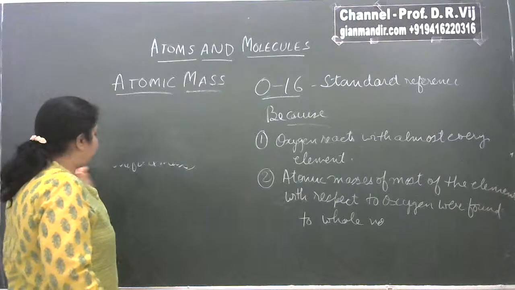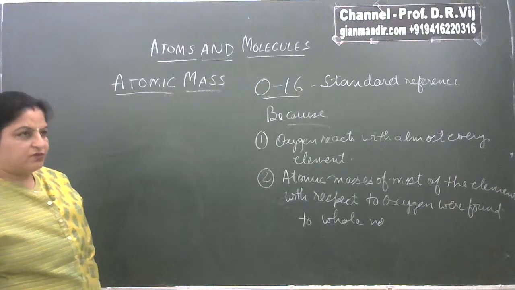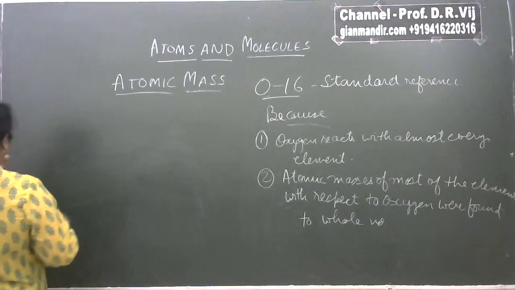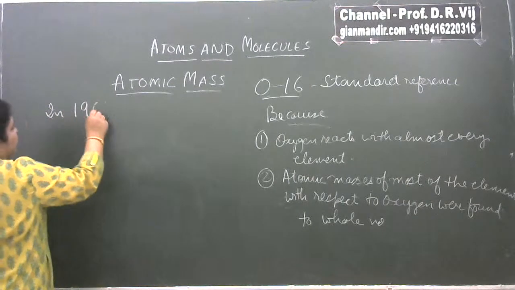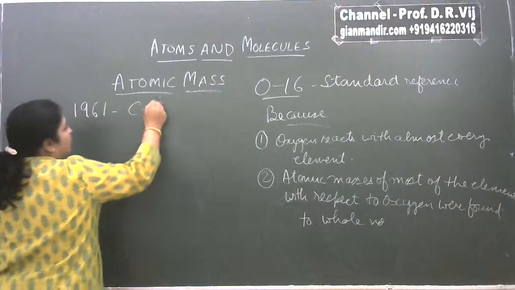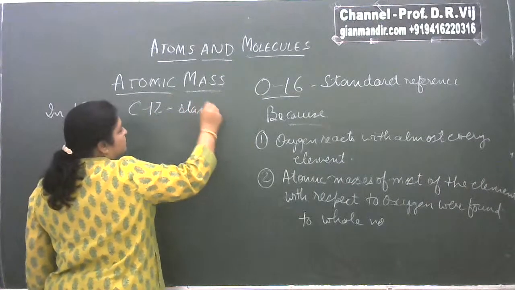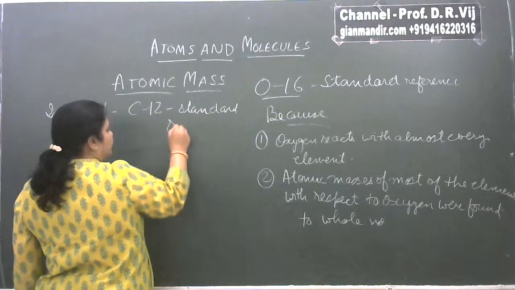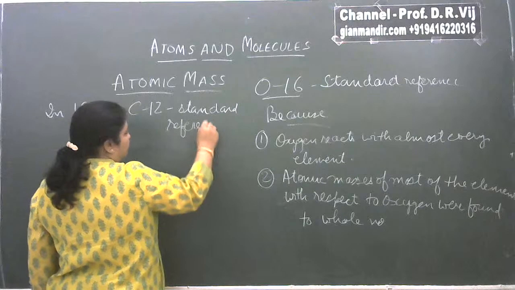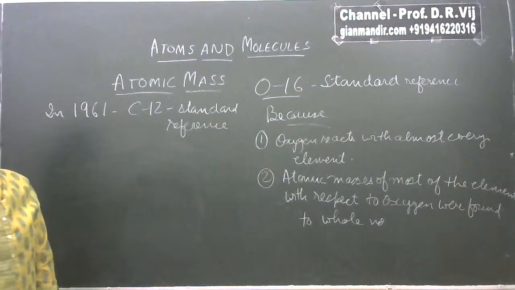But later on, in 1961, the carbon-12 isotope was chosen as a standard reference for measuring the atomic masses of elements.